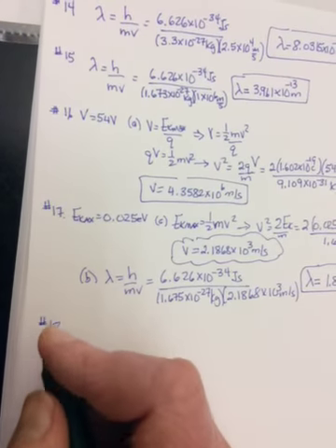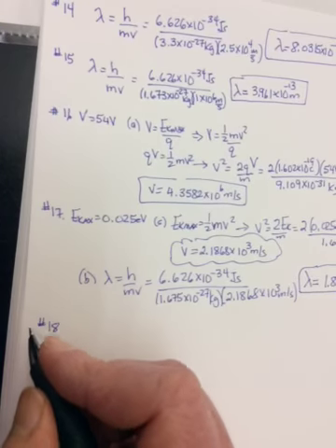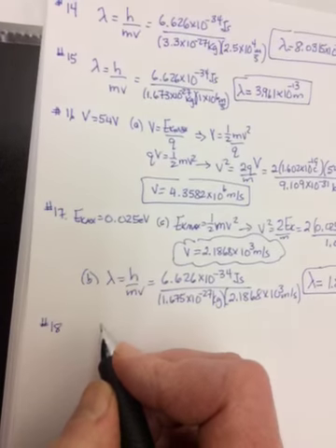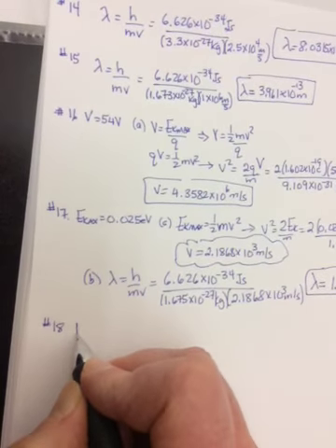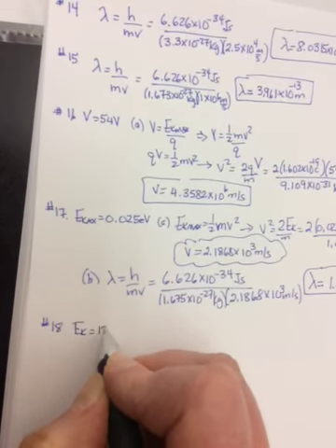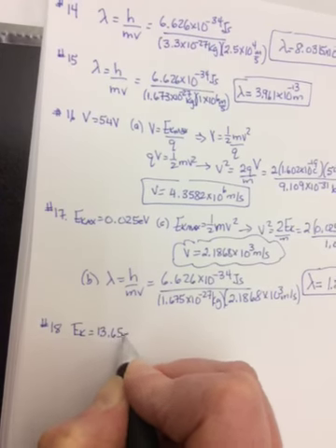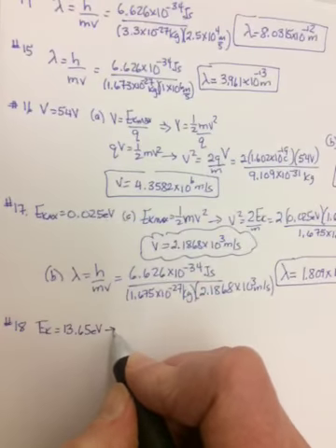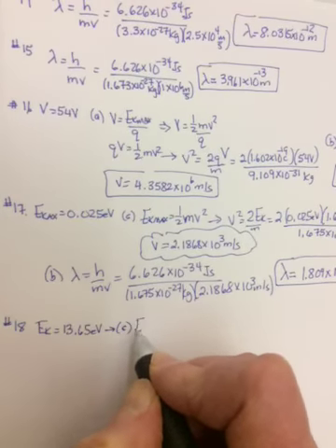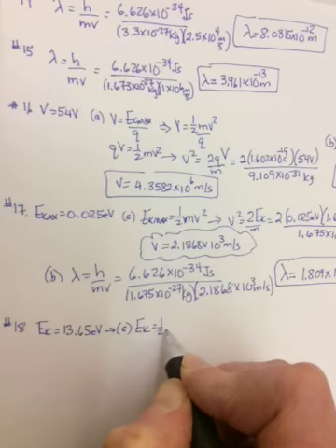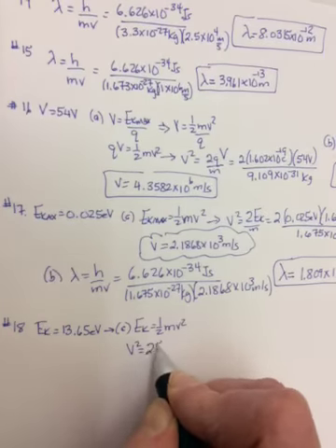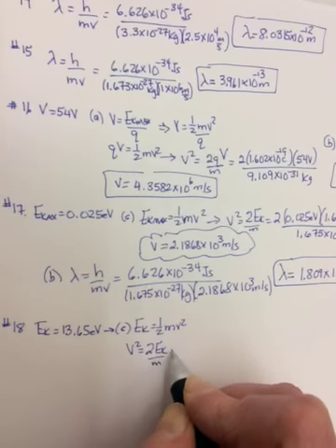18 says the kinetic energy of a hydrogen atom electron is 13.65 electron volts. Find the velocity. So exactly what we did up top. Ek is equal to 1/2 mv squared. So v squared is equal to 2Ek over m.